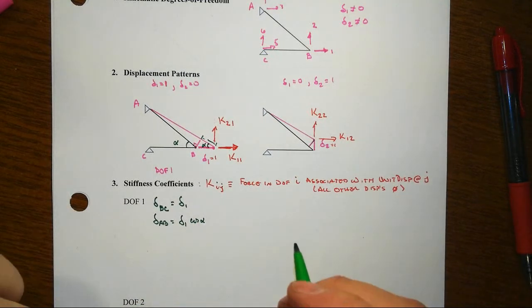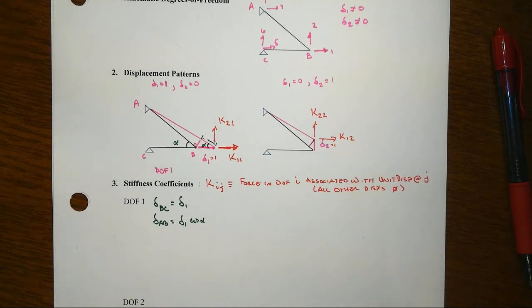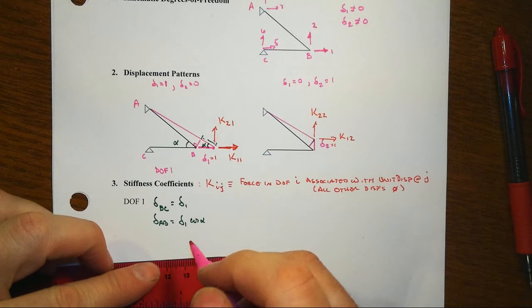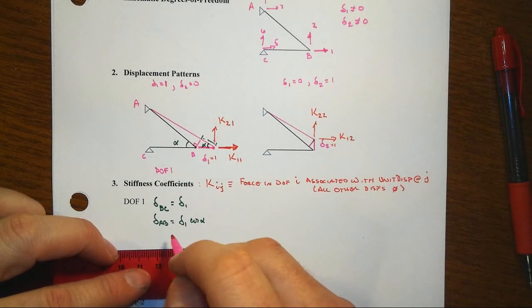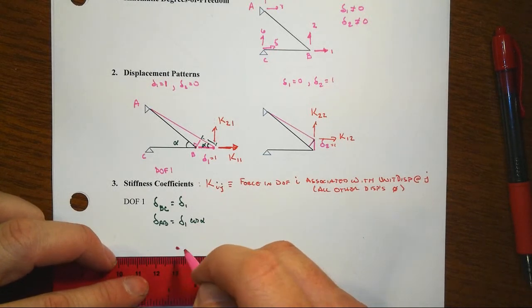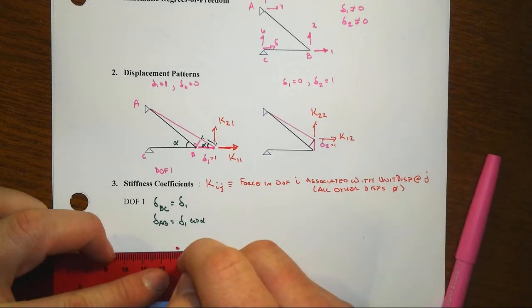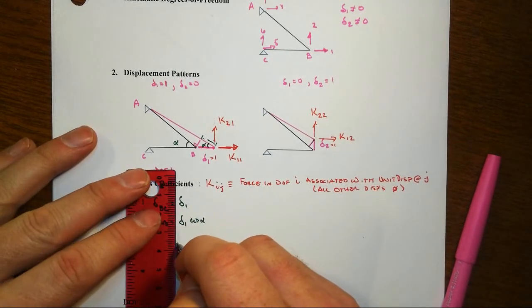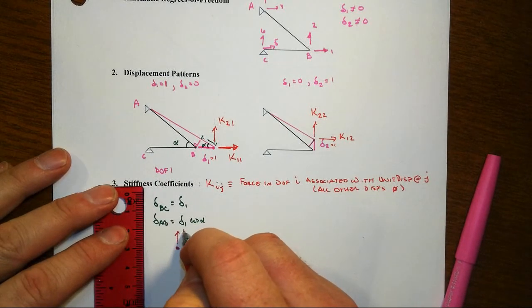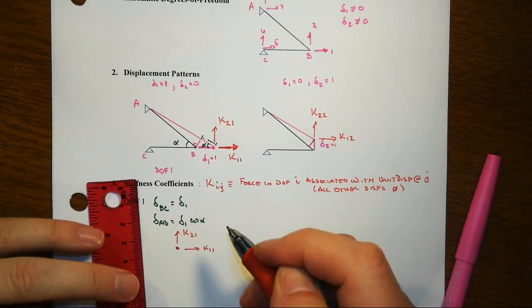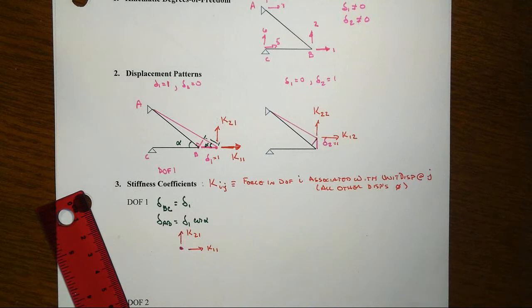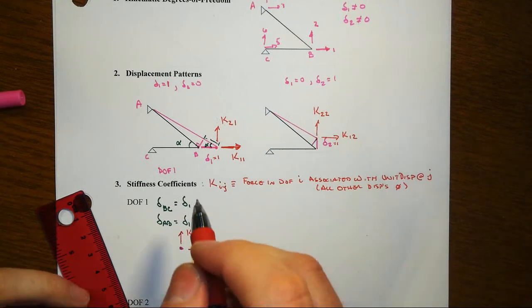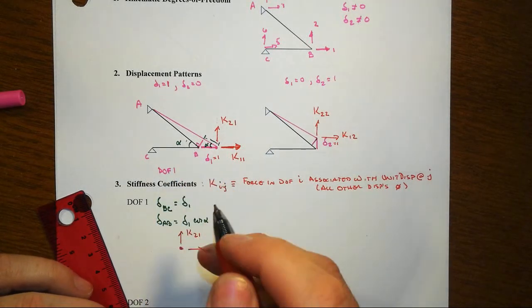Right. Now we do a free body diagram and we just apply equilibrium to find out what's going on here. Right, so we've got our little point there. We've got K11 shown in the positive direction. We don't know that it will really be positive. And then, though, we are going to use positive elongation, positive tension in the members.